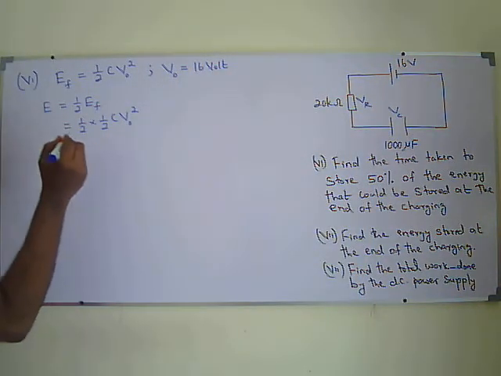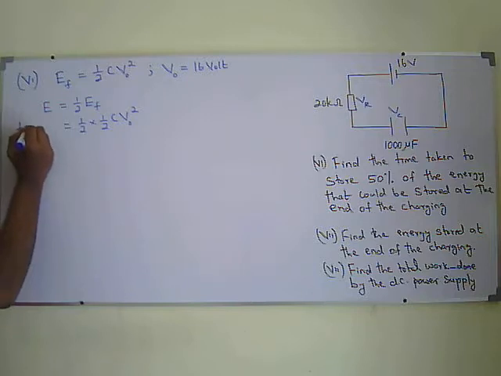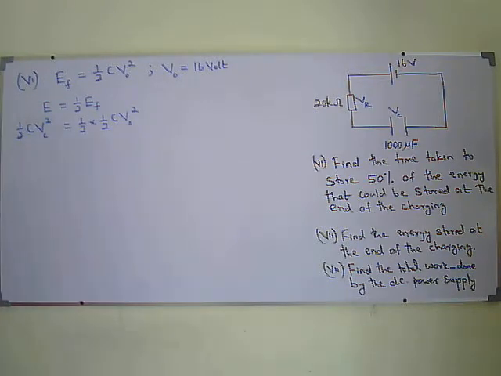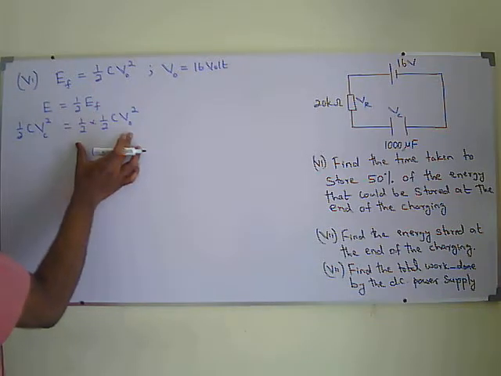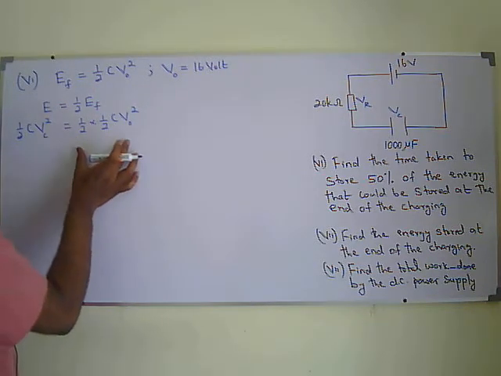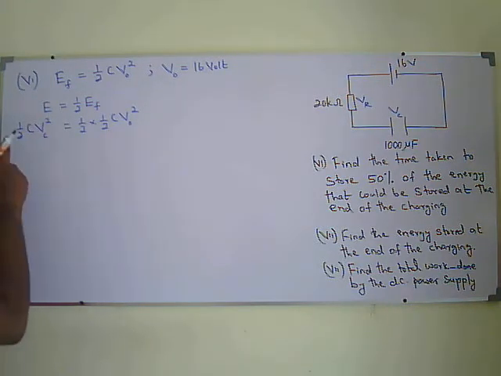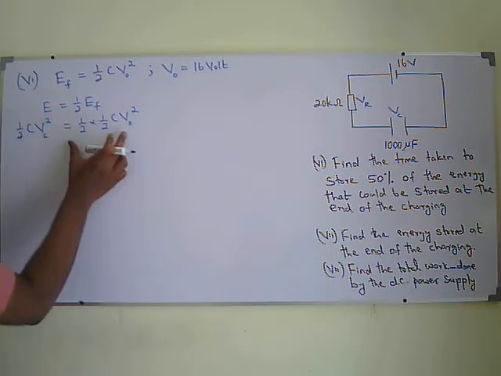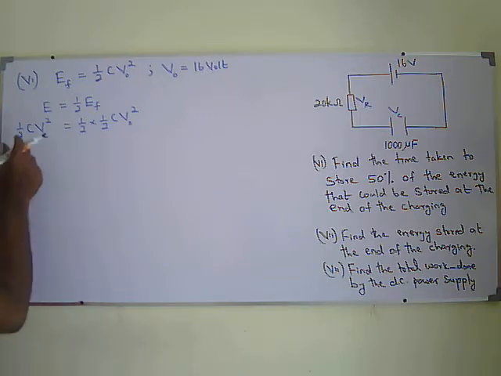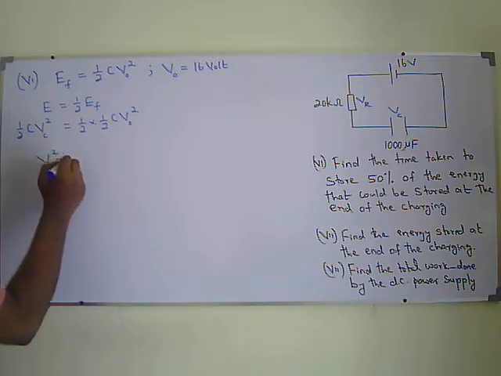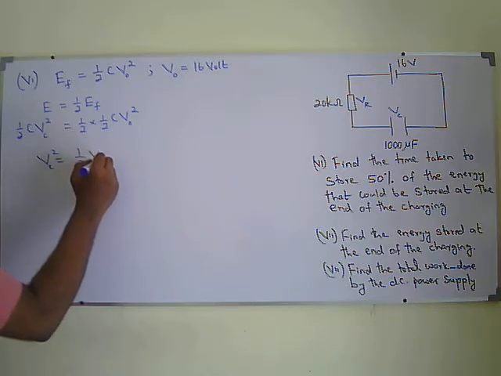So again half C Vc squared. When this amount of charge is stored in the capacitor, at that time the voltage of the capacitor is going to be Vc. So half C Vc squared is equal to this much. Half C gets cancelled. So Vc squared is going to be half V naught squared.